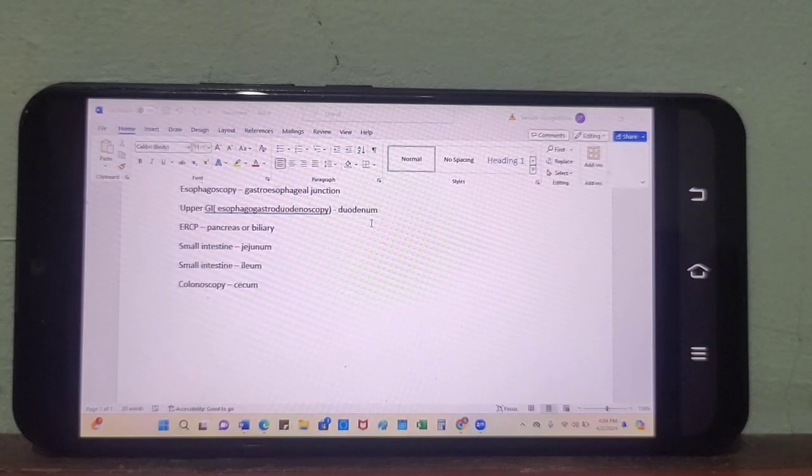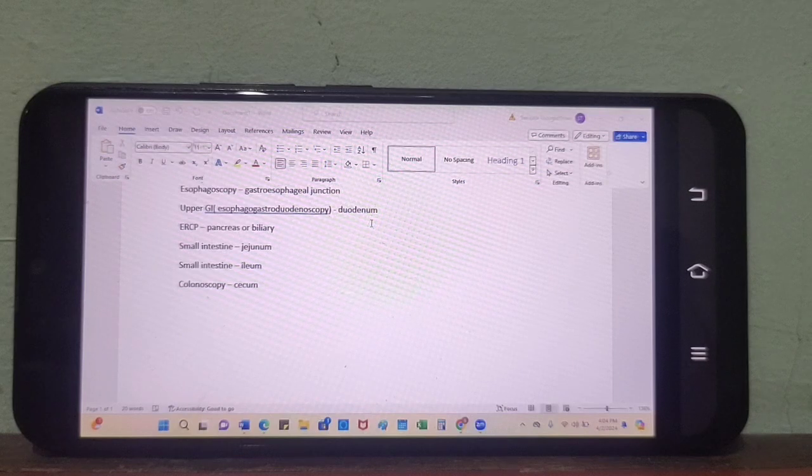Did you understand now? If not reached, you should append modifier 52 or 53. When repeated examination is not planned, go for 52.